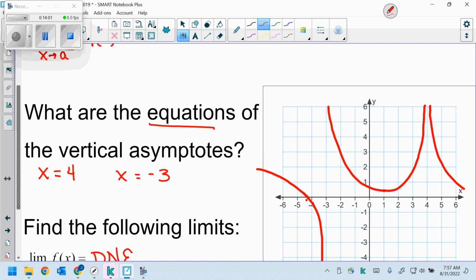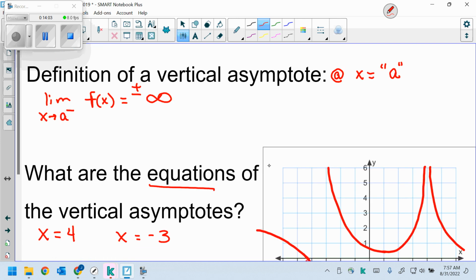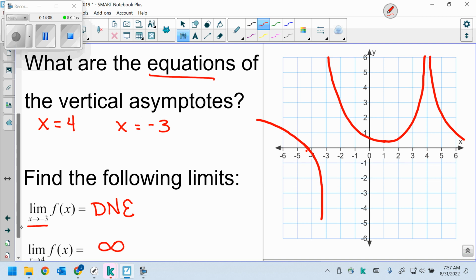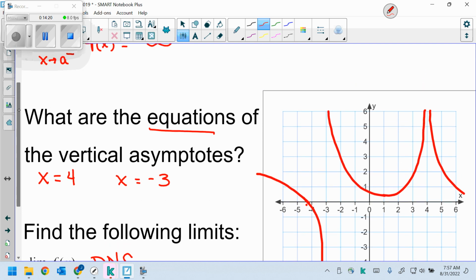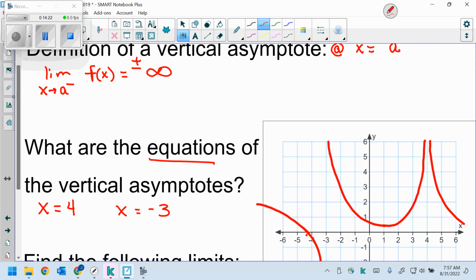I could just say because the limit as x approaches -3 from the left is -infinity. Done. I've explained why. Or I could have said the limit as x approaches -3 from the right is positive infinity, and I'd be done. I only have to make one statement.